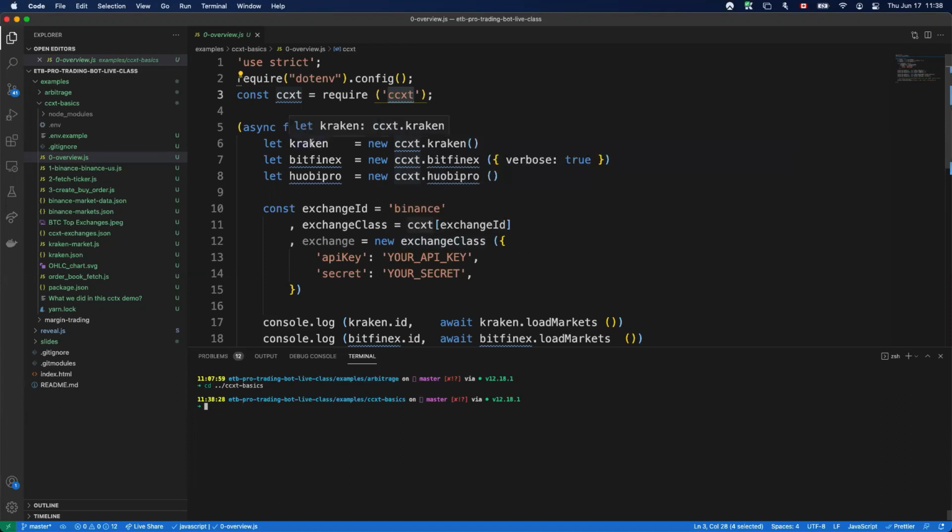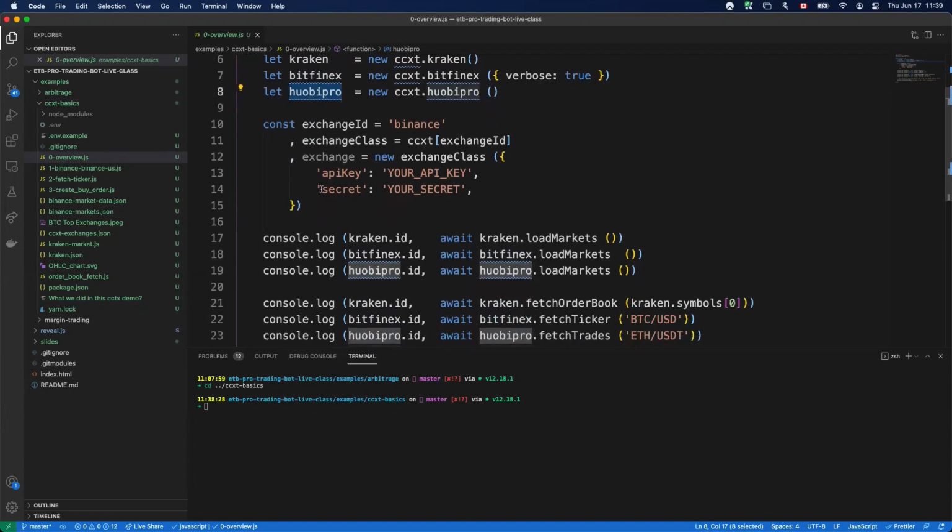Here, if I would like to grab an object of Kraken, for example, I just have to say new ccxt.kraken. The same goes for Bitfinex and Huobi Pro.